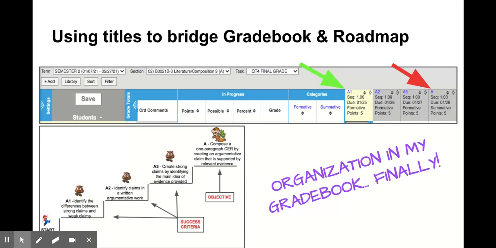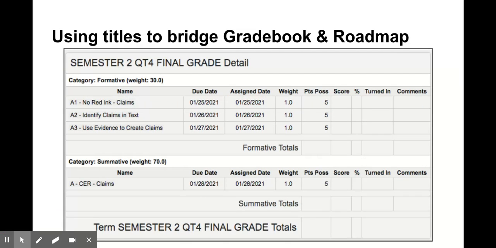Now, when I pull up my gradebook, I can clearly see as a teacher that A1, A2, and A3 all lead to my summative assessment of A. From a student's perspective, they may have an easier time identifying what formative assessments led to what particular summative assessment.